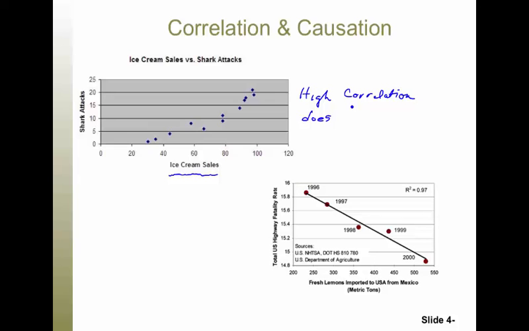An increase in temperature causes more shark attacks. So ice cream sales and shark attacks are correlated because this variable in the background, called a lurking variable, temperature, is what's causing both of these. But ice cream sales do not cause more shark attacks. So high correlation does not necessarily mean causation.